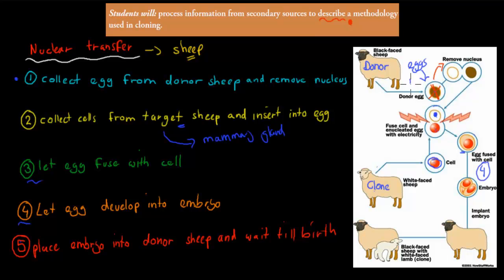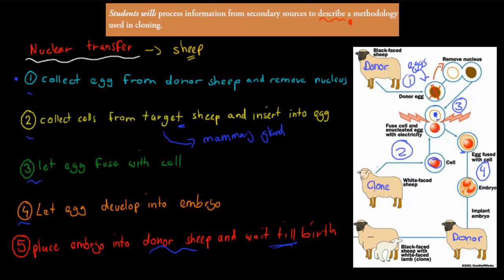This was stage 1, this was stage 2, this was stage 3, stage 4, and then once we've got the embryo, we put it into the donor. So this is the donor sheep. Right? So this is the sheep that donated her eggs. And what we do is we grab the embryo and put it inside of her. So place the embryo into the donor sheep and wait till the new one is born.